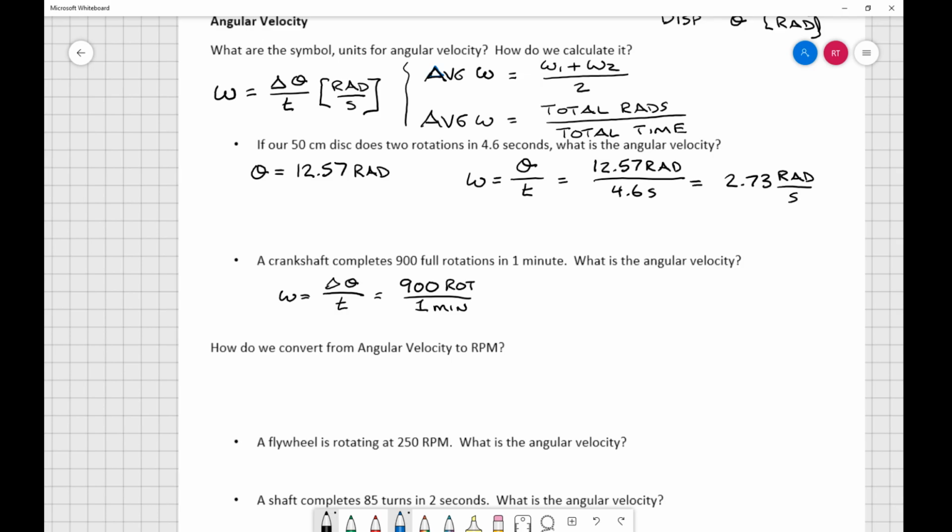The problem is that omega wants to be in radians per second, not rotations per minute. So I'm going to have to do a bit of converting: 2 pi radians per rotation times 1 minute per 60 seconds. Rotations will disappear, minutes will disappear, and I'll be left with radians per second. When I calculate that out, 94.2 radians per second.